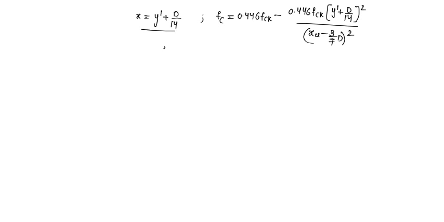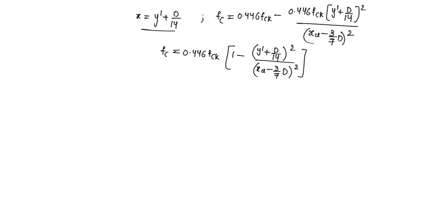On simplifying, Fc will be equal to 0.446 fck common into 1 minus Y bar plus D by 14 whole square by Xu minus 3/7 of D whole square.